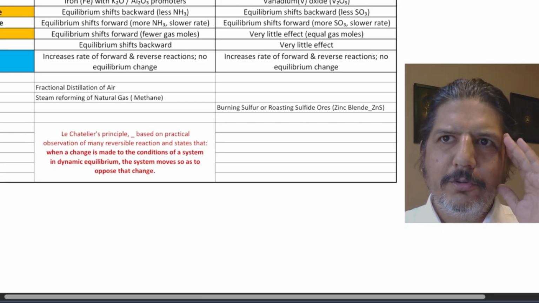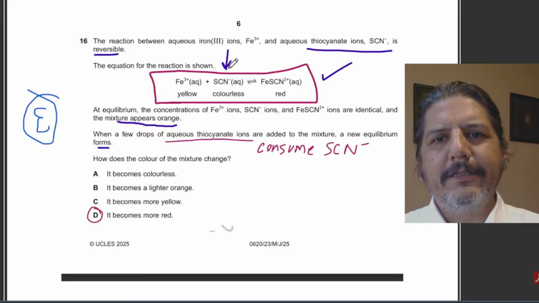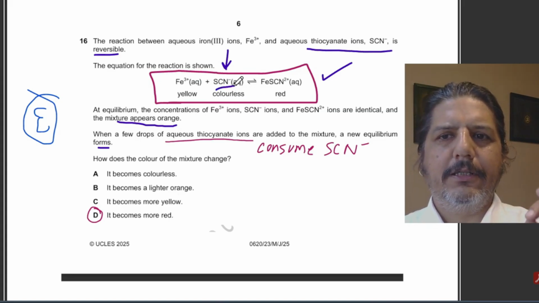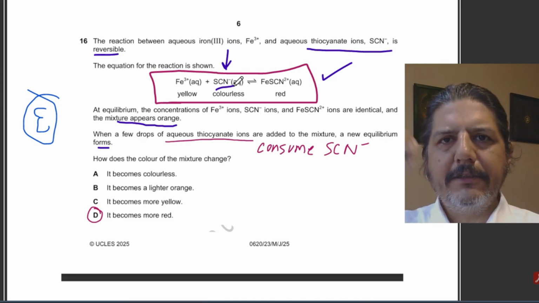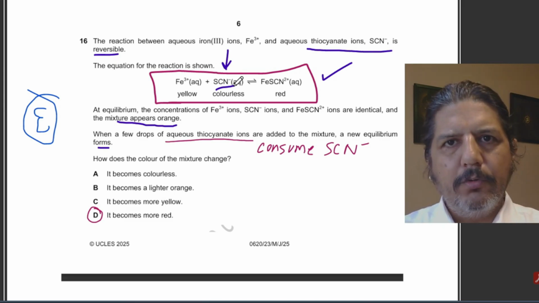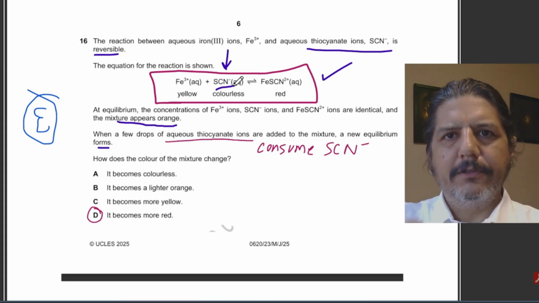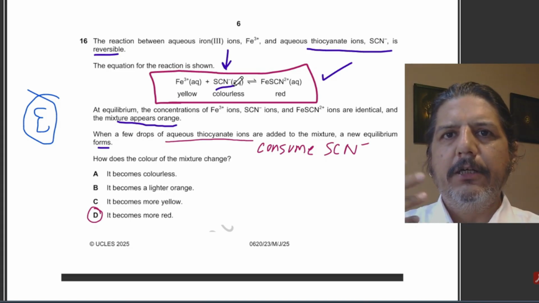So you need to understand this well first. For example, in this case, when you are adding aqueous thiocyanate ions, you are increasing the concentration. But like a teenager, the reaction will try to oppose this and decrease it. And how can the reaction decrease the concentration?